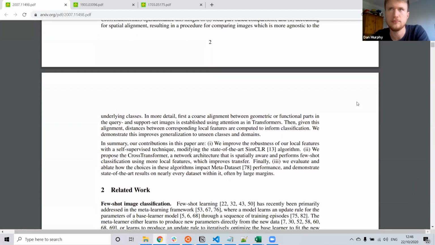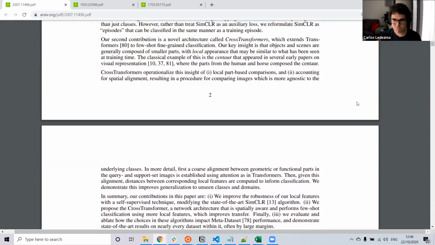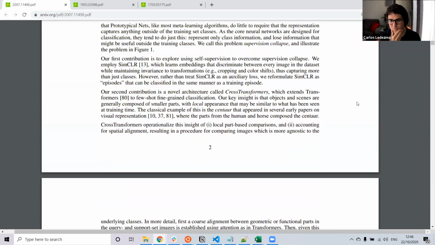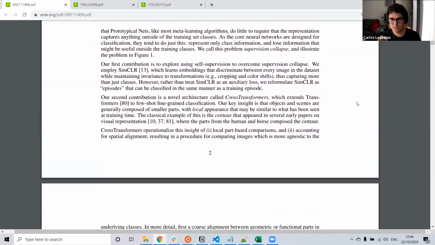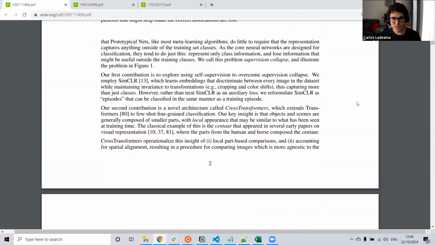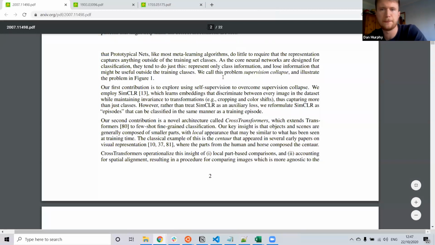So however you reach this different representation is up to you basically. But then what prototypical nets do is, instead of using that embedding for classification, like putting a softmax layer on top of it, they just do some proximity to a centroid.